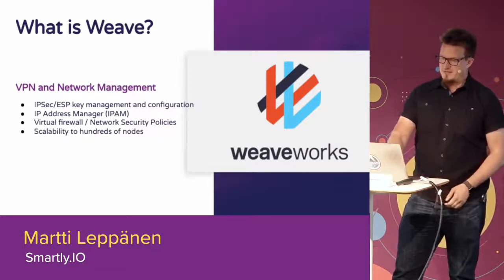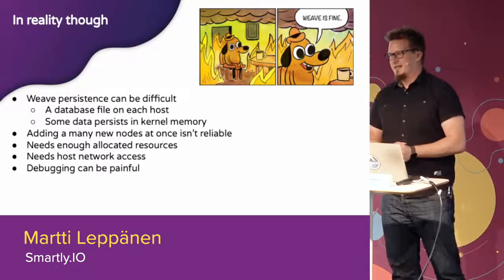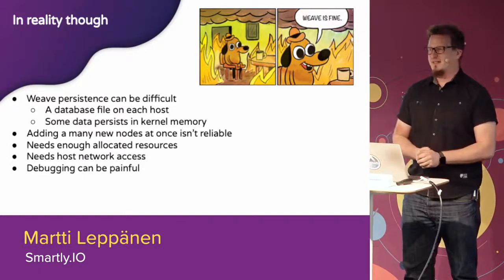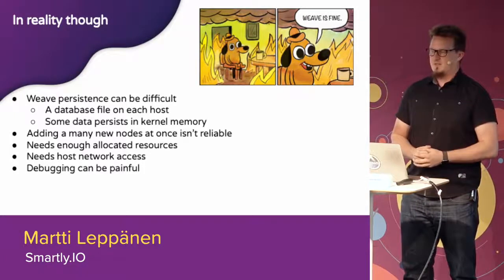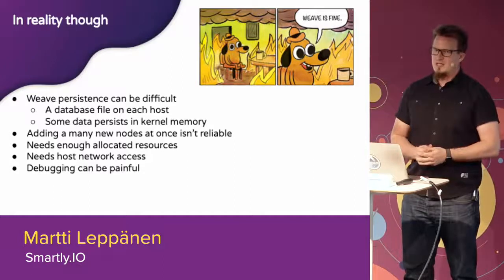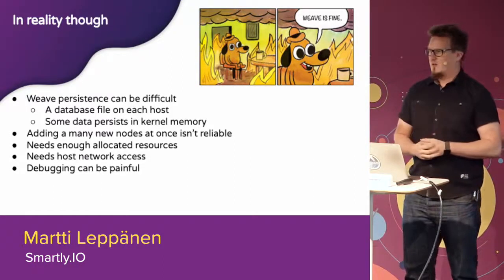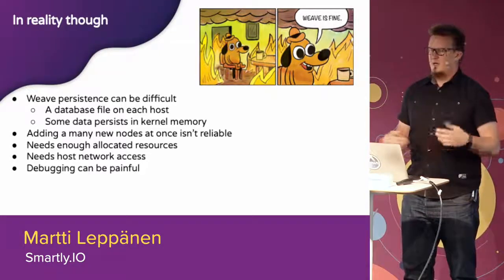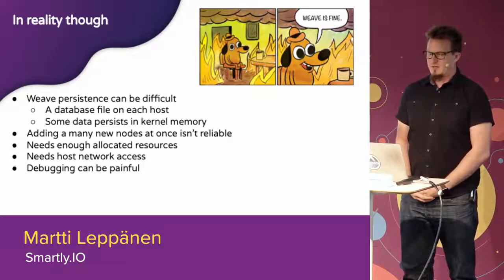And through that, there are some reality checks for this advertising speech. Weave is quite nice, and I like it a lot, and on paper it's very nice, but it does have some issues. Each Weave service requires a database file on each host it's running on, and this database file contains the information on where each IP address is and how to communicate with it.